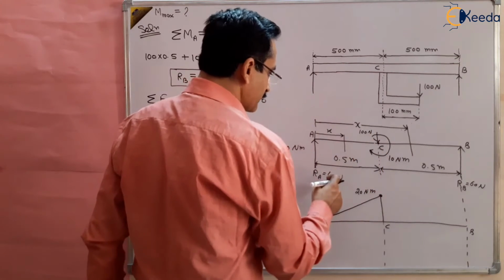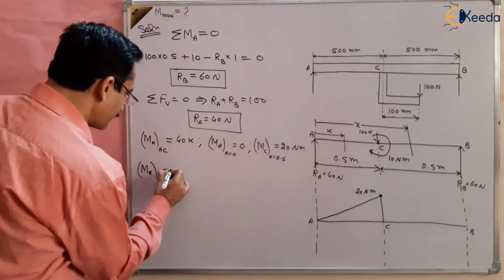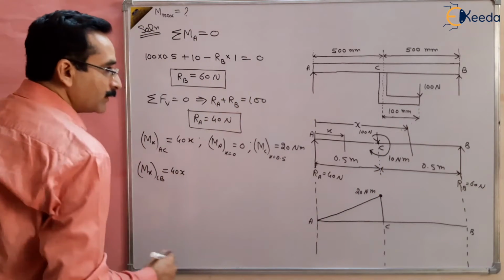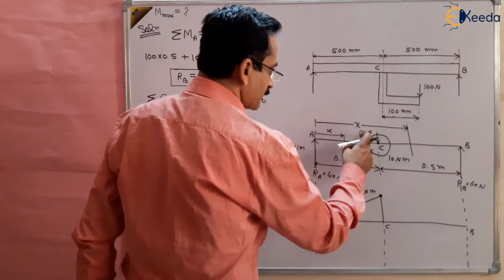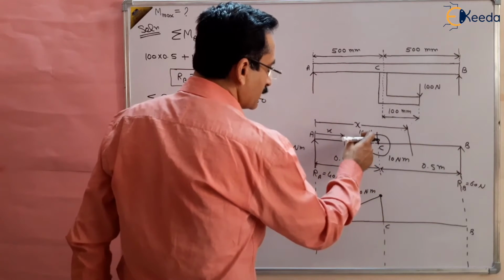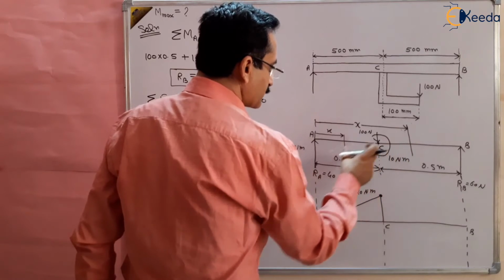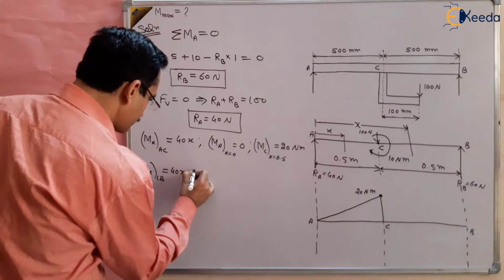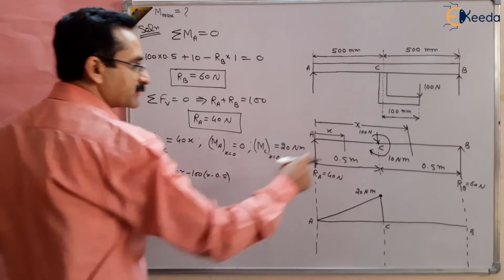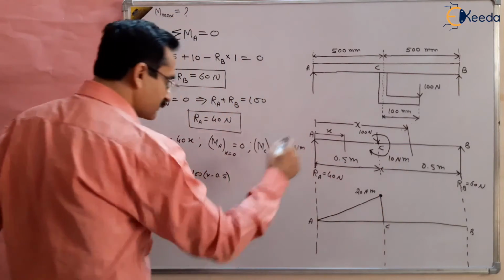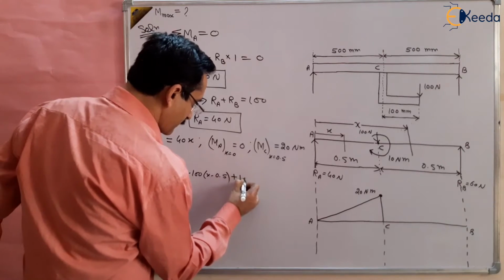So anticlockwise, 40 multiplied by x, so this is 40x. This is negative because it is anticlockwise, on the left side. So minus 100 multiplied by x minus 0.5, and another is couple moment 10 Newton meter, this is clockwise, so this is 10.